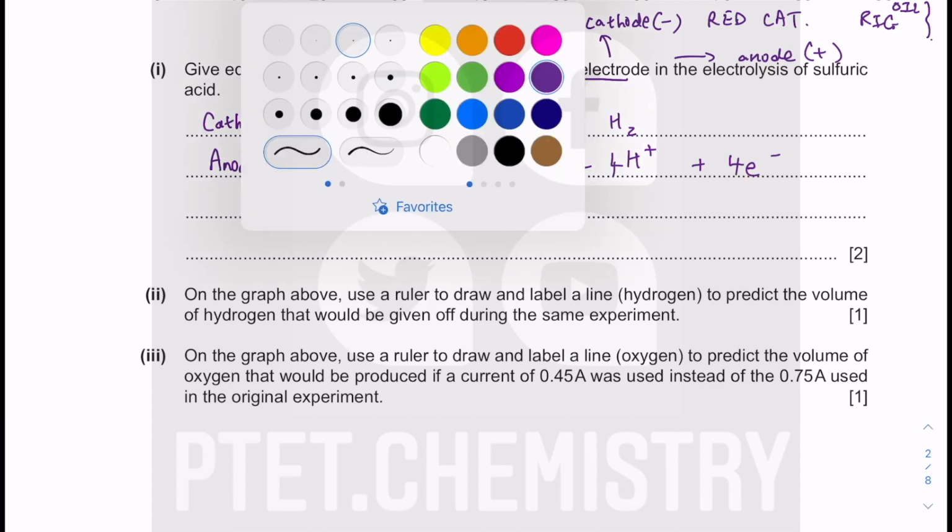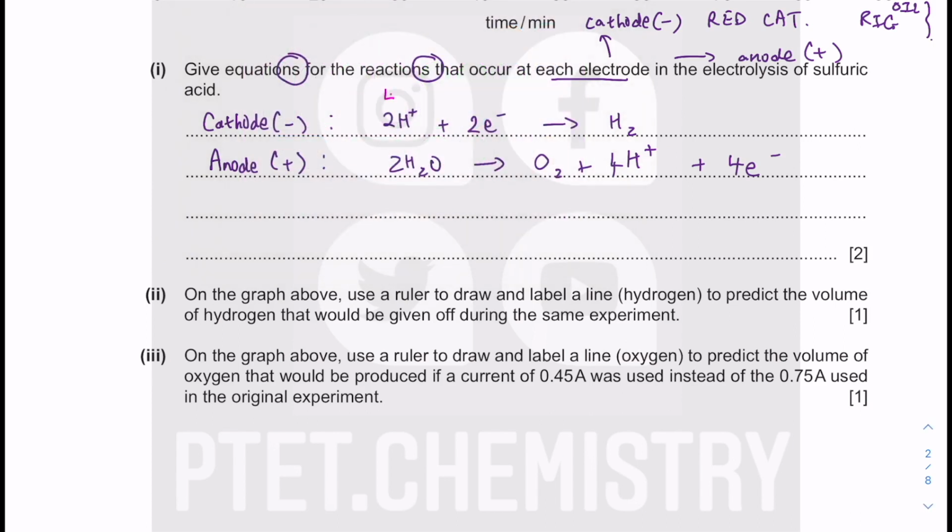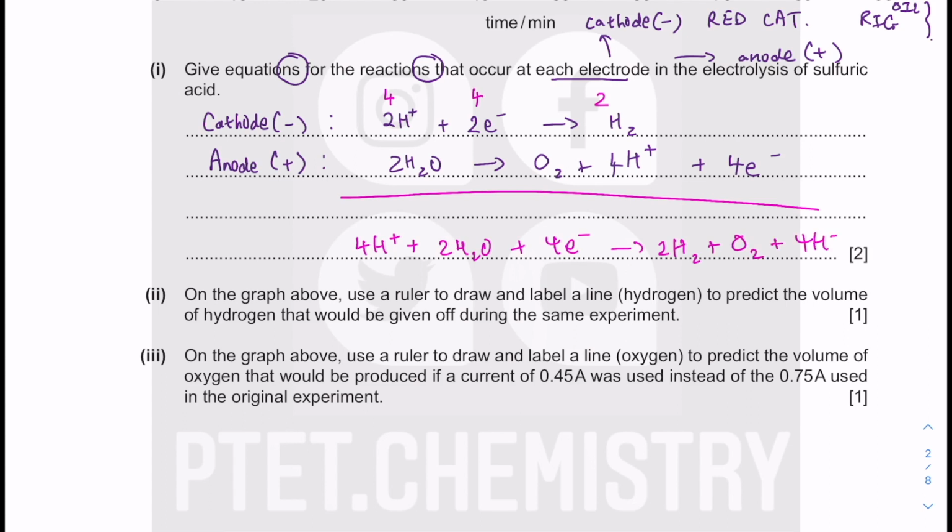So what you could do is multiply this by 2, and then this becomes 4 and 2. When you add up the 2 equations together, you get 4H+, 2 H2O plus 4 electrons, and then whatever is on the right hand side, you get that.